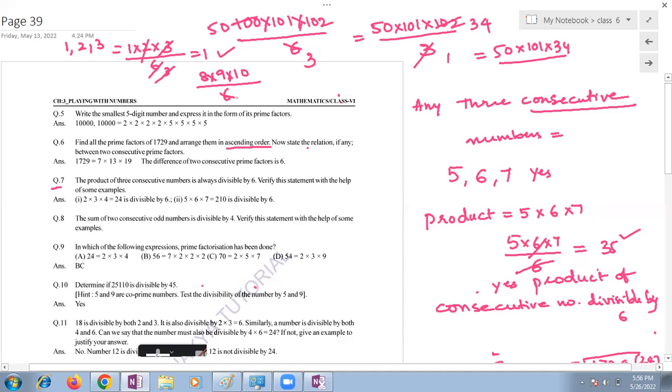Or else you can simplify here too. 3 twos are 6, 3 threes are 9, 2 fives are 10. So 5 threes are 15, 15 eights are 120. Yes, the product is divisible by 6. We are getting the quotient as 120.